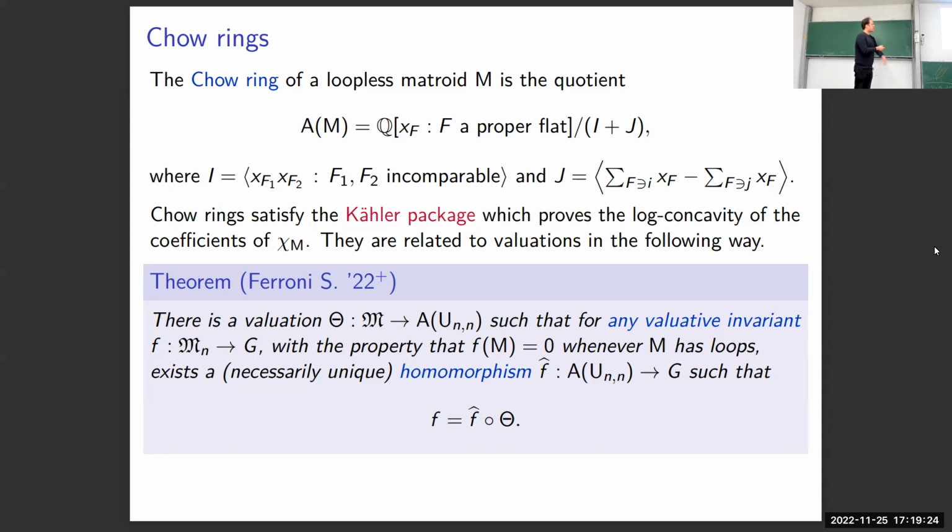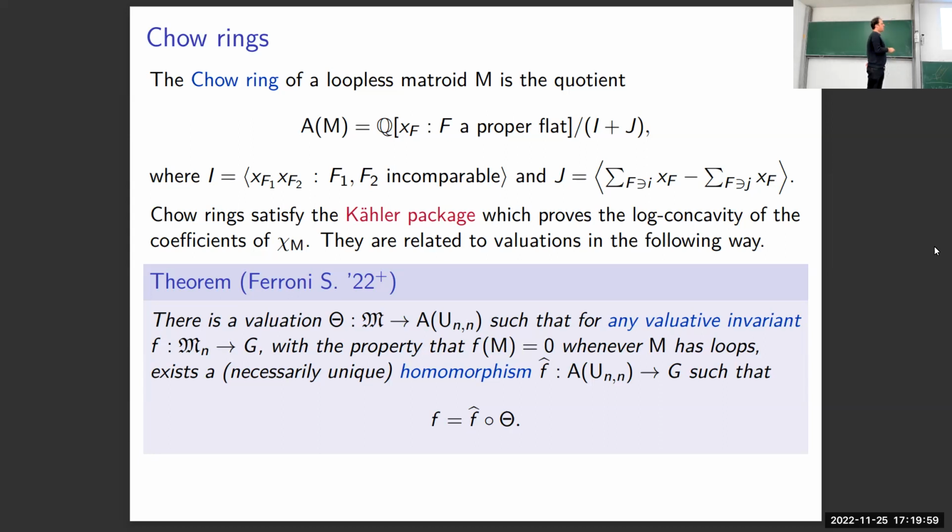For the experts, this is the permutation variety, or the Chow ring of the permutation variety, I should say, that I've written here. So this is a realizable case. And so once I fix that, then I can express any other valuative invariant which has a very small additional property, meaning that it vanishes for matroids which have loops. If you look at all these papers where Chow rings of matroids appear, there's always the condition that the matroids should have no loops. So this is encoded here.